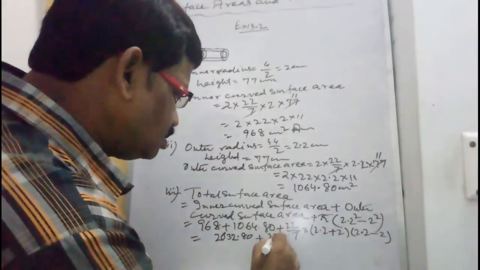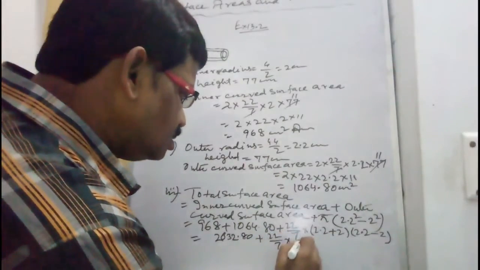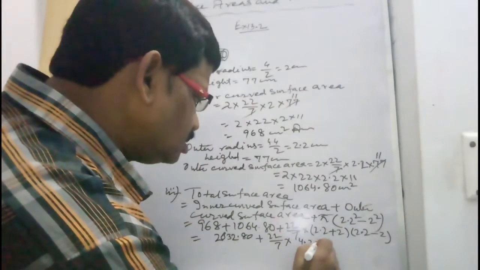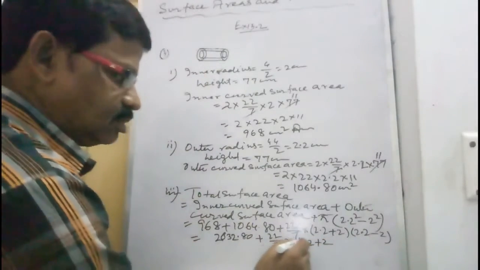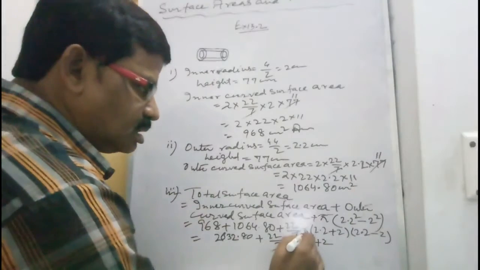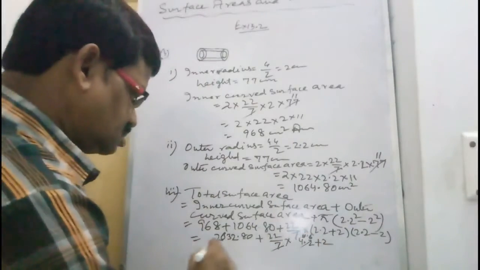Plus 22 by 7 into 4.2 into 0.2. Now divide 4.2 by 7, that is 0.6.